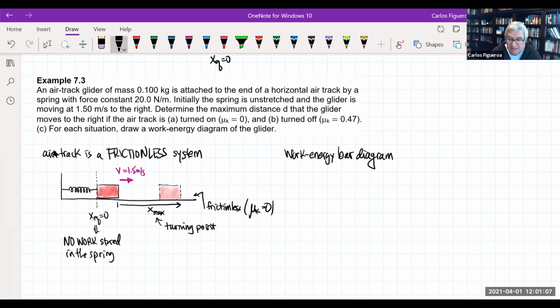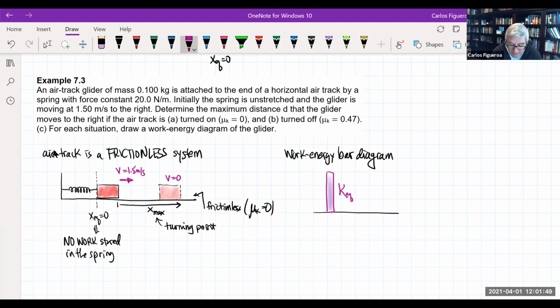Okay, so what do I know here? Well, I know this thing starts off with kinetic energy. According to the work energy theorem, the cart is moving at the equilibrium point. So let's say we arbitrarily give it this amount of kinetic energy, and this is the kinetic energy at the equilibrium point, right? That's what we know. And eventually this cart is going to get to the point where its speed must be 0.